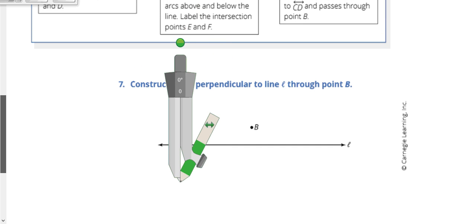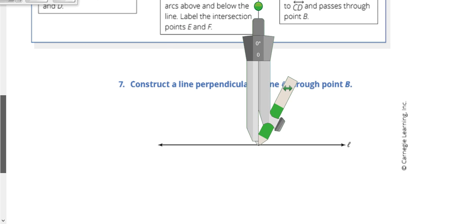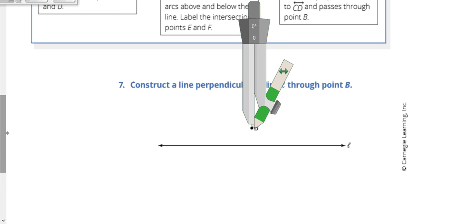I have it down here. This time, because point B is not on the line, I still have to start with point B, so I have to put my pointy end on point B. And I have to construct an arc from point B that intersects line L.